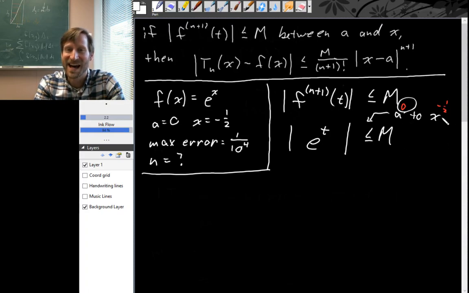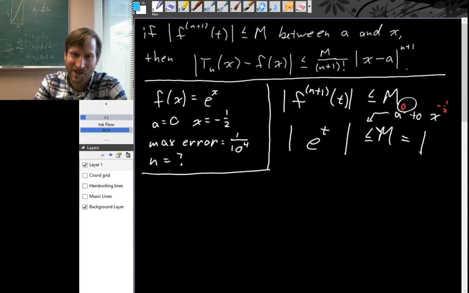E to the minus a half is 1 over e to the half. E to the half is bigger than 1, so 1 over e to the half is less than 1. So e to the t is biggest between 0 and minus a half at 0. So that means we should choose 1 for M. So now e to the t is always less than or equal to 1 on this interval. Okay, so we have M.